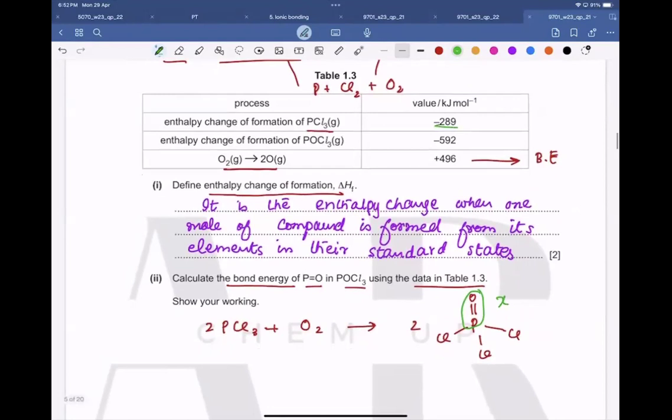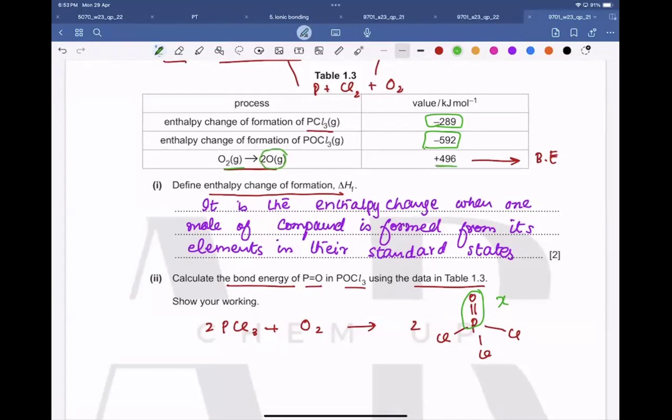So we have minus 289 for PCl3 and minus 592 for POCl3. And that is when the oxygen molecule breaks to form oxygen atoms.